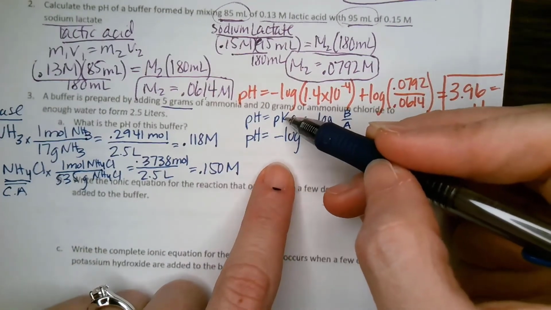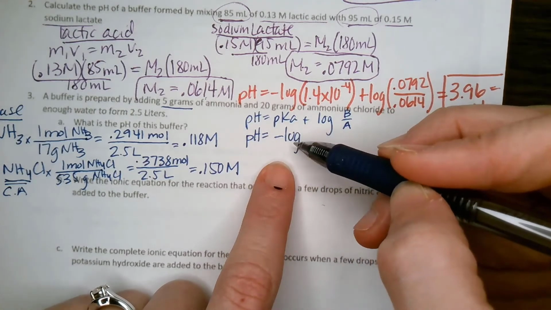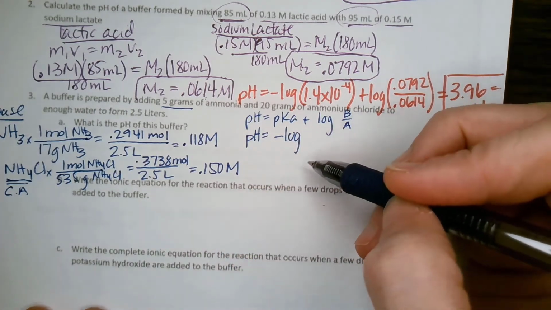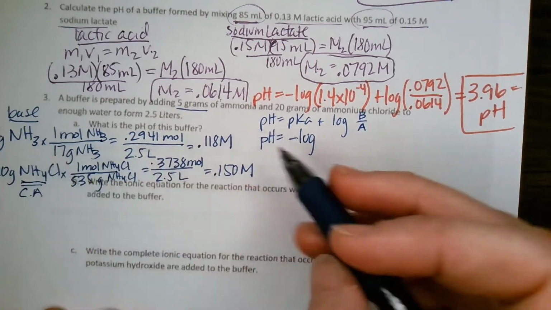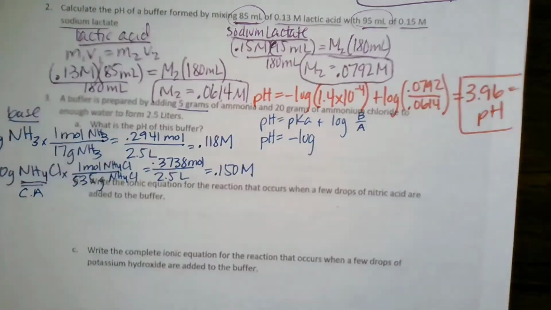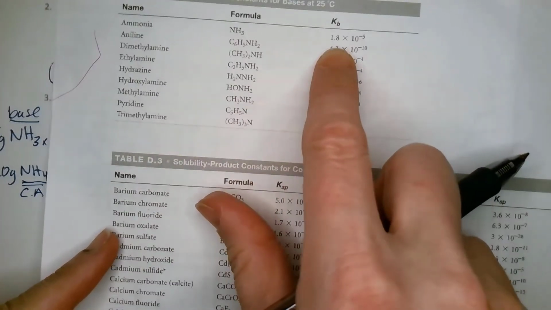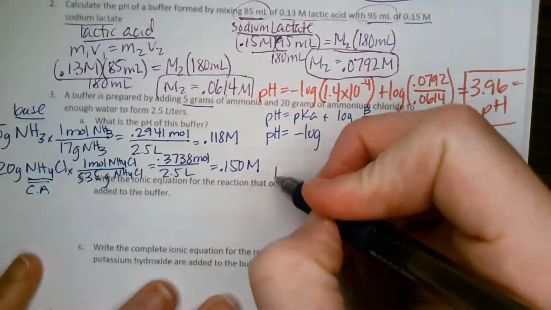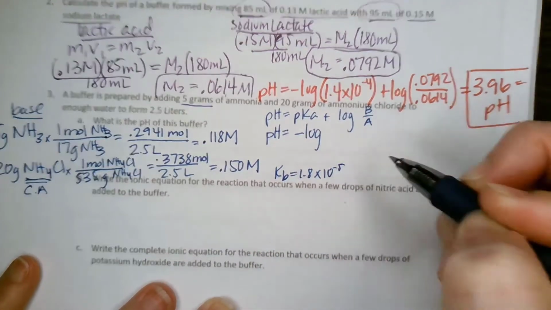So we know that we were able to do this by the negative log of the Ka, but we don't have the Ka, do we? Because this is NH3, ammonia is a base. And if we look on our Appendix D and we find ammonia, the Kb is 1.8 times 10 to the negative 5. So down here, I'm going to write Kb 1.8 times 10 to the negative 5.